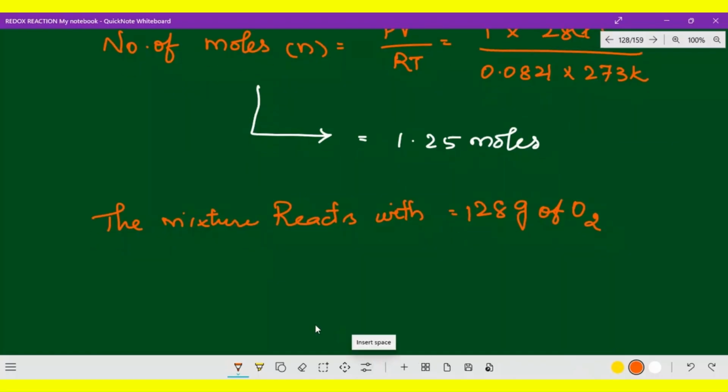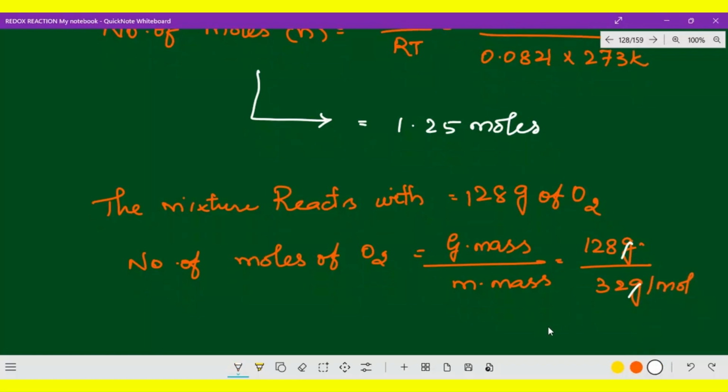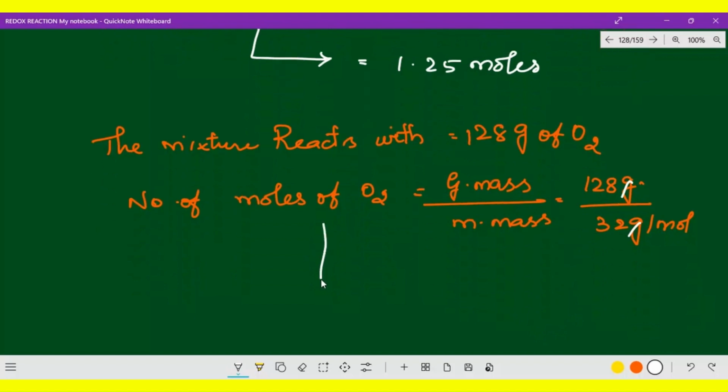So the number of moles of oxygen we can easily identify. Number of moles of oxygen is given mass by molar mass. Here 128 gram divided by molar mass 32 gram per mole. Right, now gram will be cancelled. So number of moles, how much? Here 4 moles.